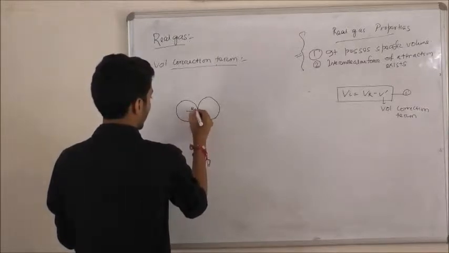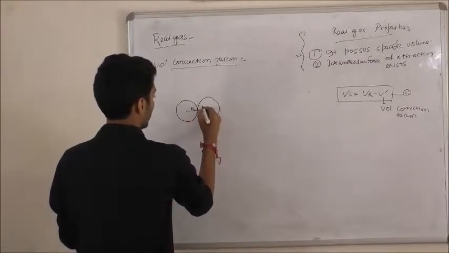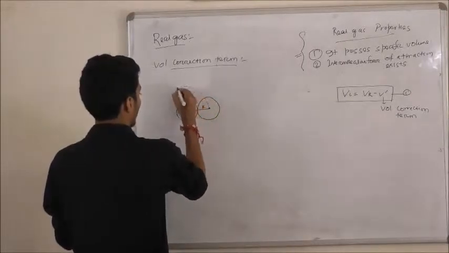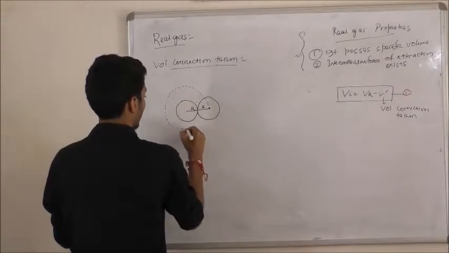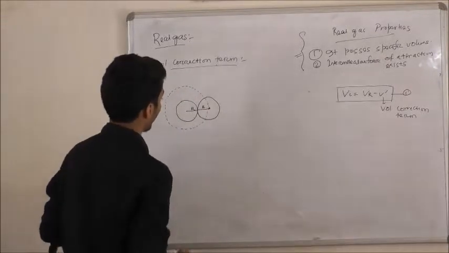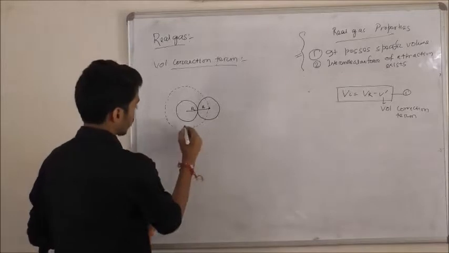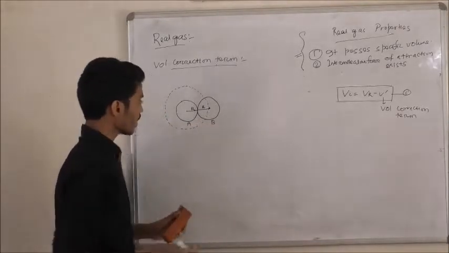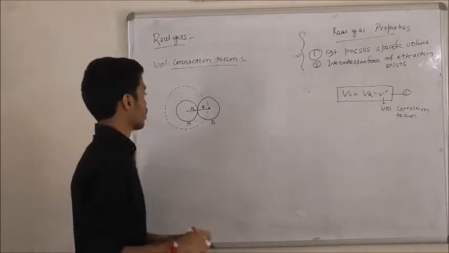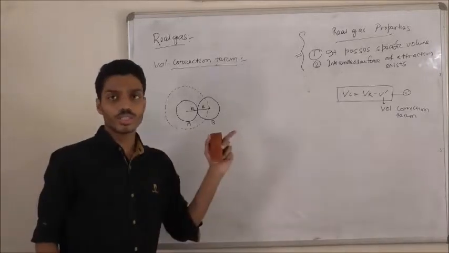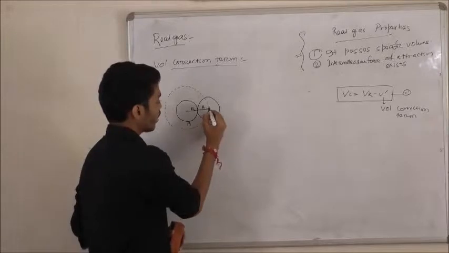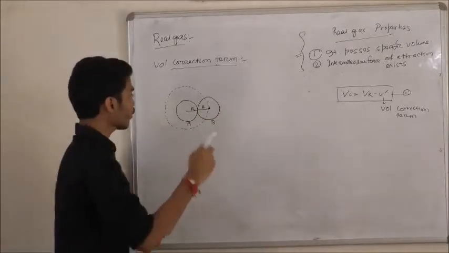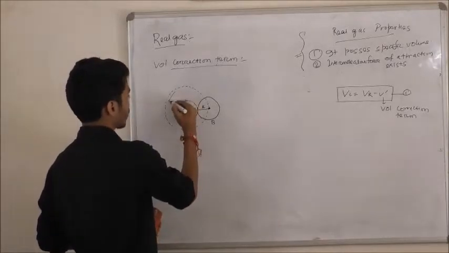Here the radius is capital R, and here also the radius is R. And if we draw a circle around it, it will be like this. Okay, so this is gas molecule A and this is gas molecule B. So dear students, here you can see that the center of mass of gas molecule B can move freely everywhere except this portion.